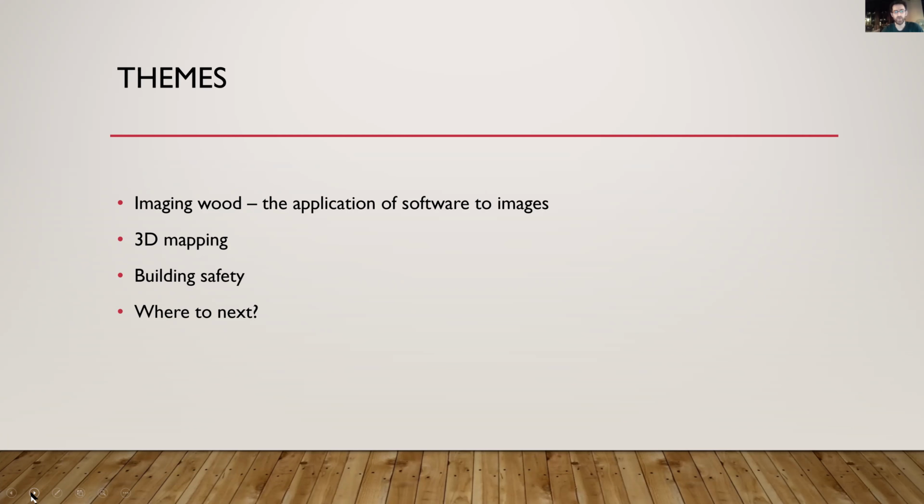And because there's very little machinery or processes that you can use to examine that sort of thing, I very quickly ended up designing my own equipment. And that led me into these computer vision applications of how we can monitor, measure, and kind of map things in our world of timber.